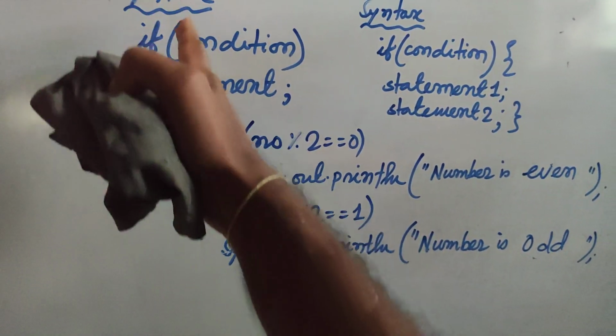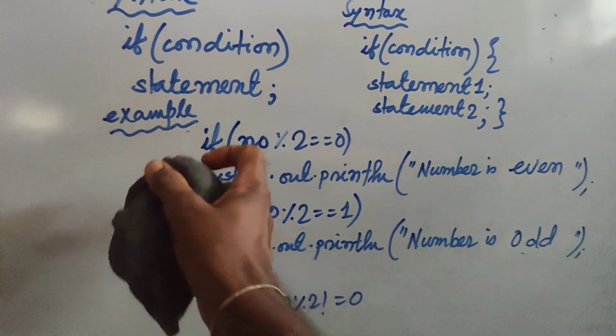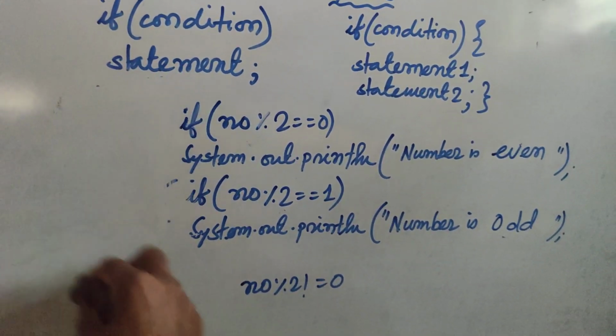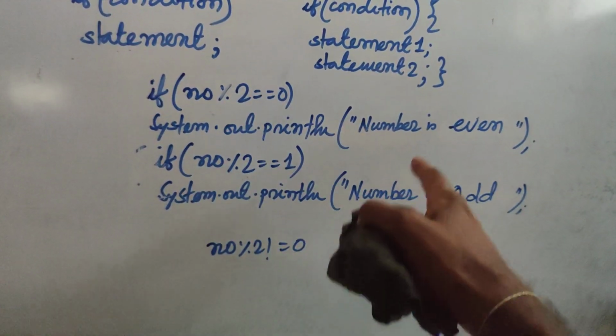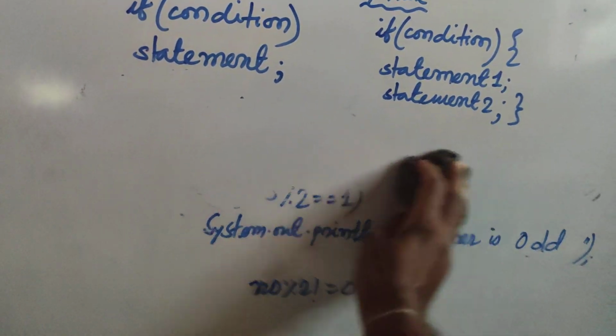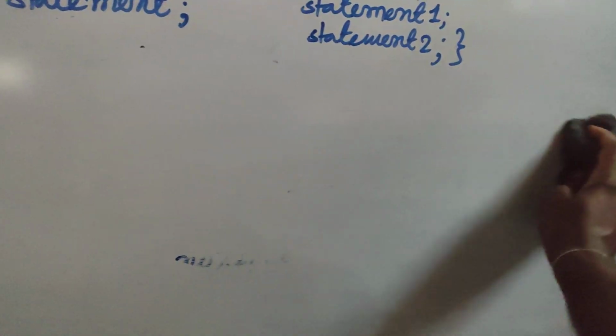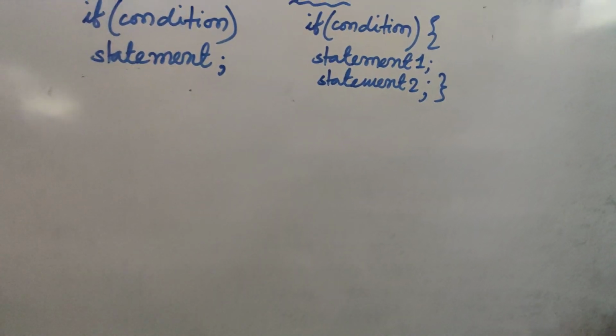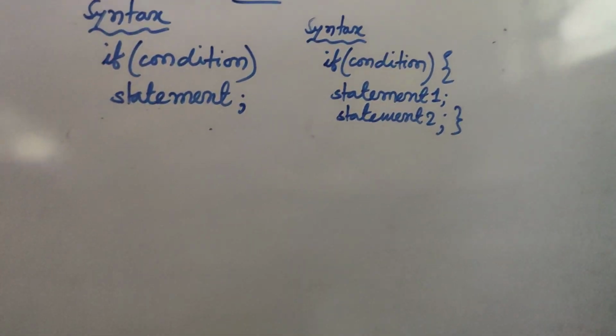So now, the syntax for this one. In some cases, we are writing like this way also. Remember these things, because when I explain one more statement, if else, at that time, even with if conditions.